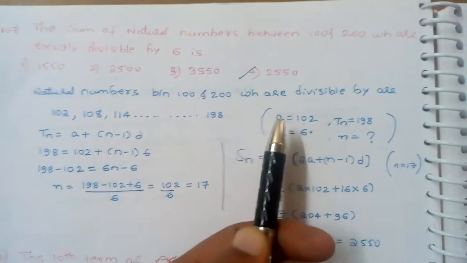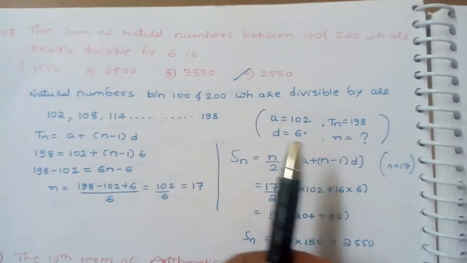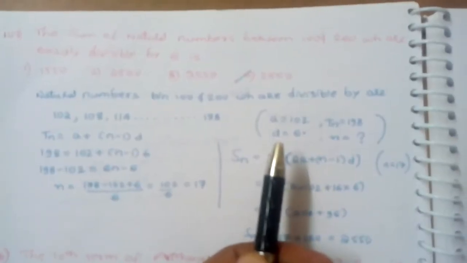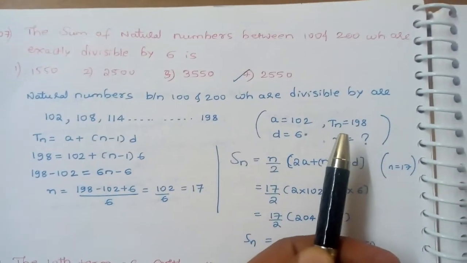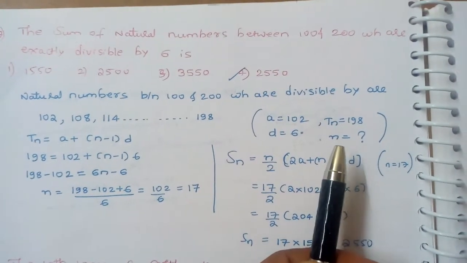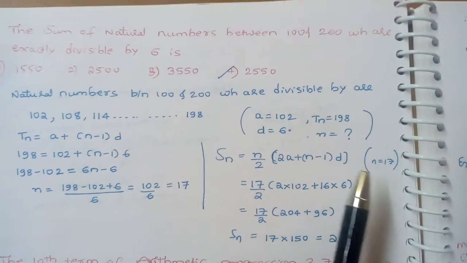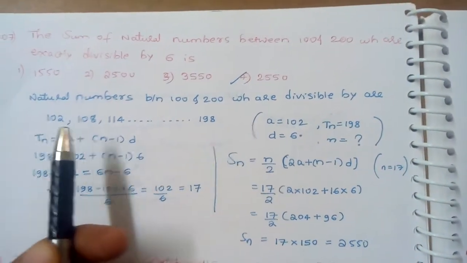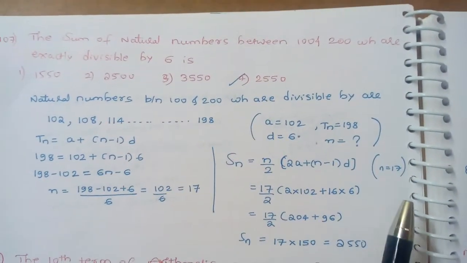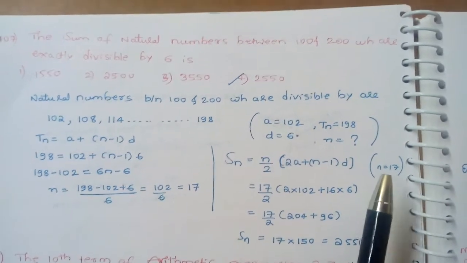So the first term is 102, the difference is 6, Tn is 198, and we have to find the n value. Sn is equal to n by 2 into 2a plus n minus 1 into d. N is 17, because we have 17 terms.